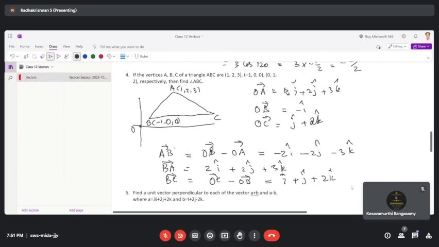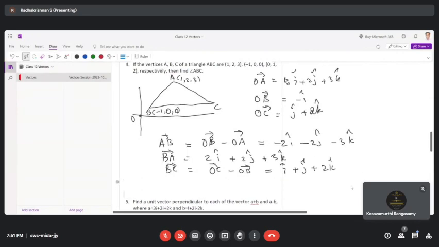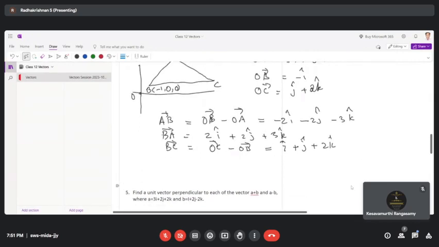So now we have BA and BC, the vectors for those two sides. Now, how can we determine the angle ABC? Let's say angle ABC is theta.